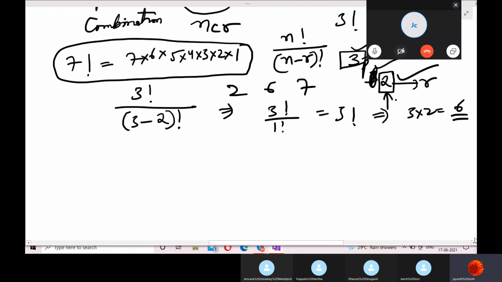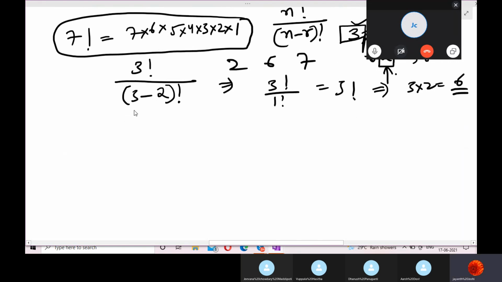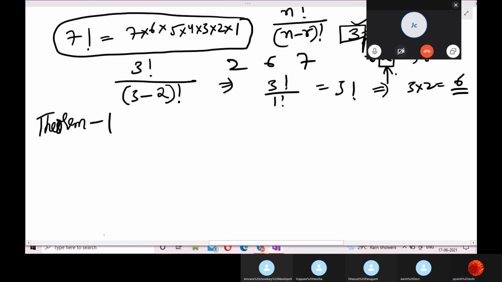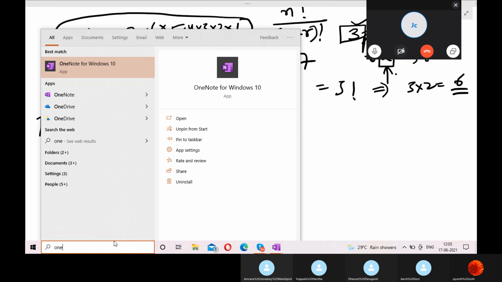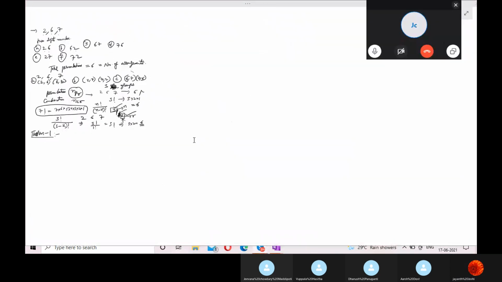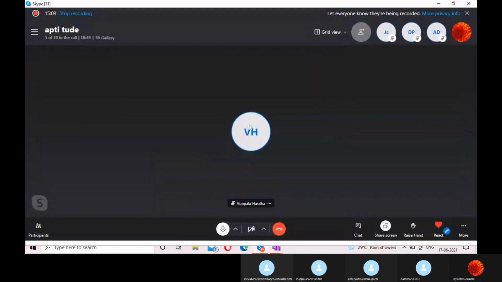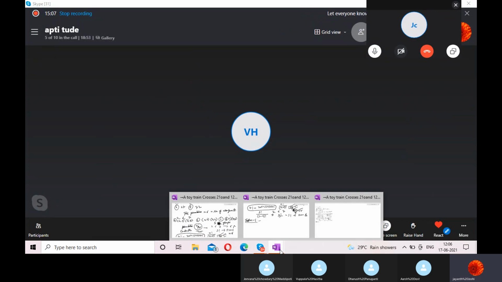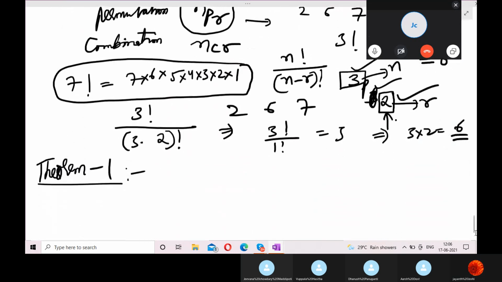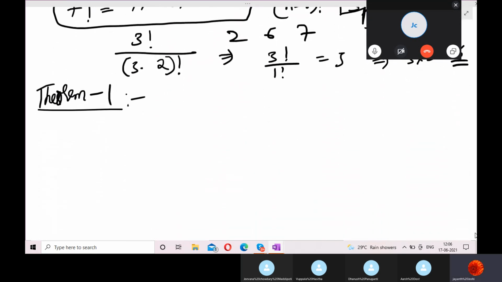What is exactly happening here? So theorem 1.